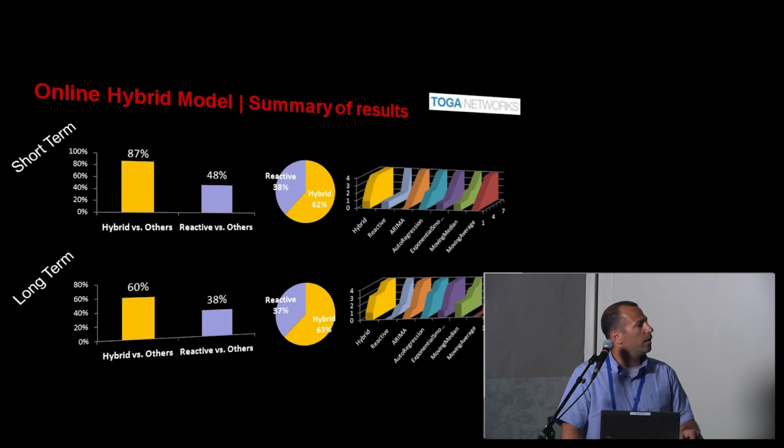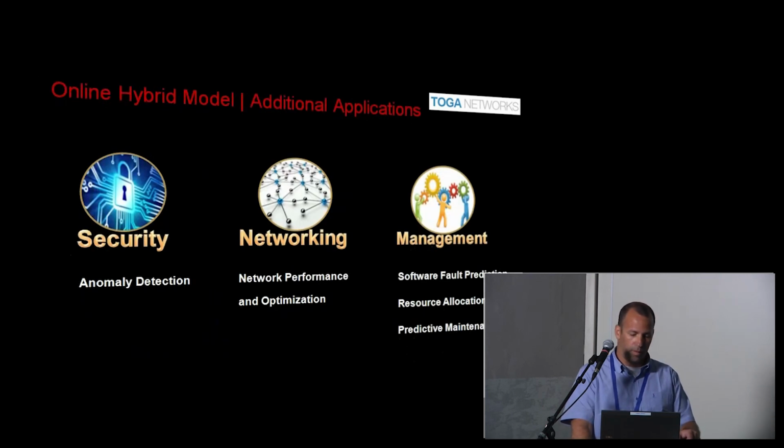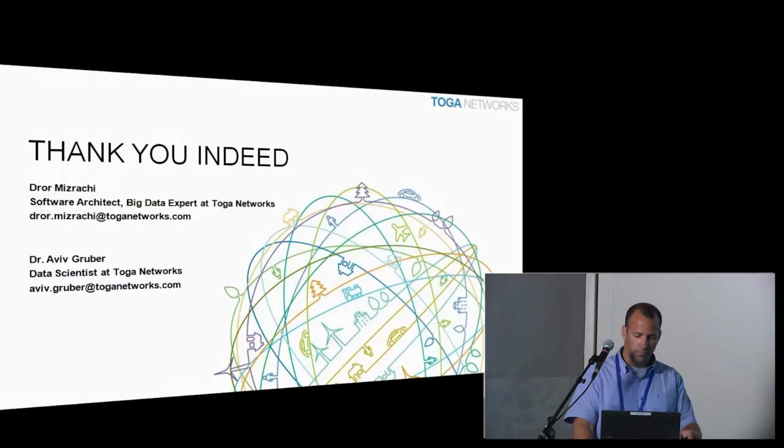And this system is in production. If you have more questions about the one virtualization system, we have here Ofer Ben Yaakov, a networking expert from Toga, and Charles Napiri. So you can contact us and ask some questions offline about the system, or also about the forecasting model. Regarding additional applications, it can also be used for security, networking, and management. And that's it. Thank you.